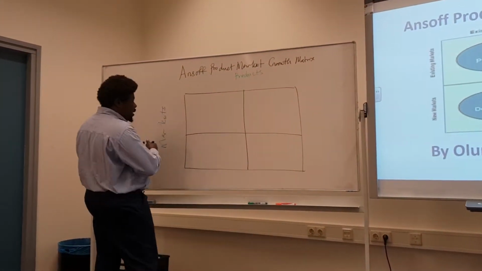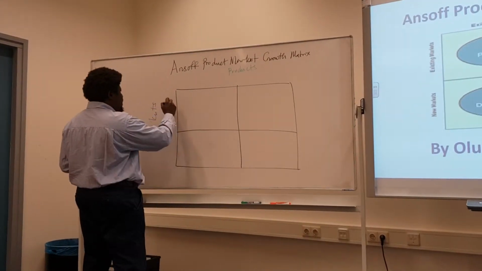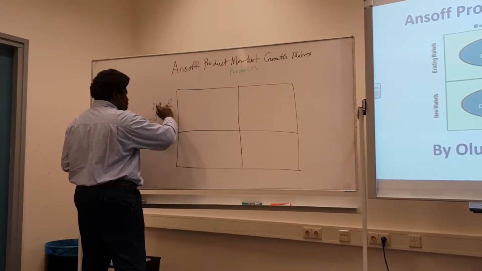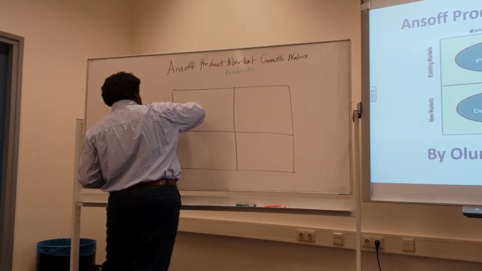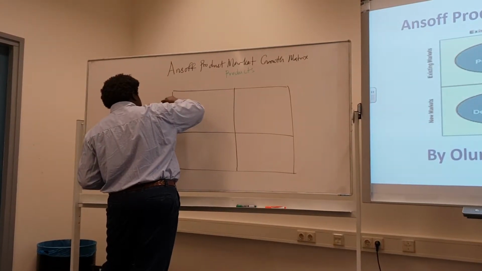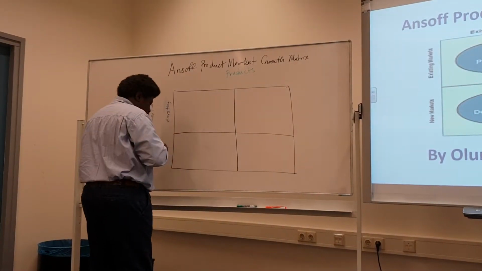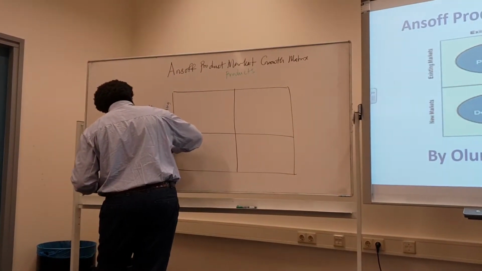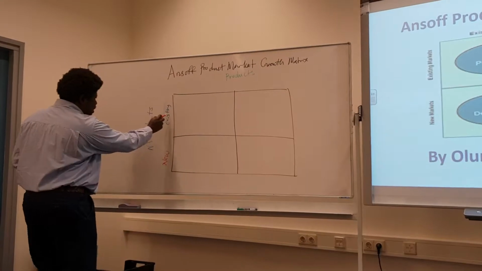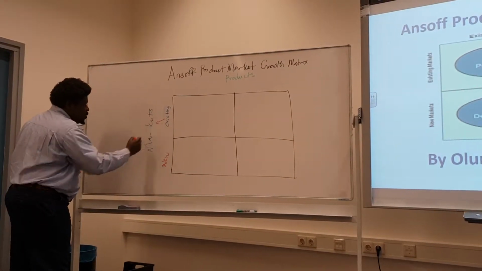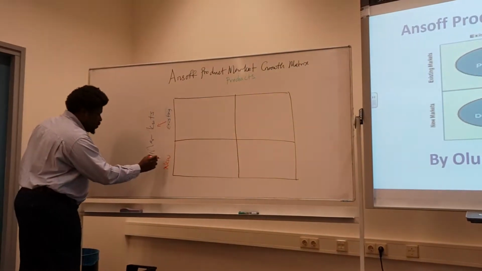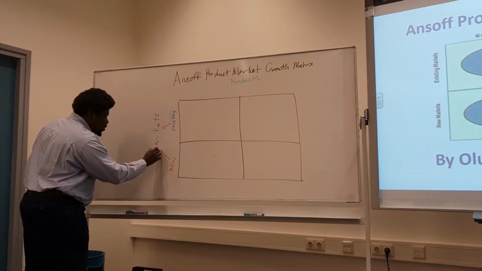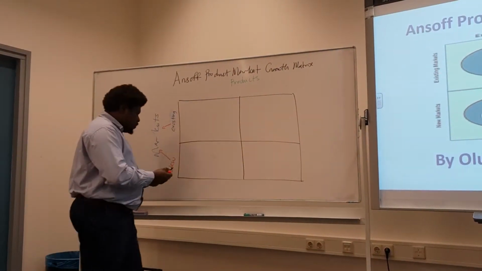Okay? So let's say we have existing, and we have new. So existing markets, I mean the arrow, existing markets, and we have new markets. Let's talk about products now.